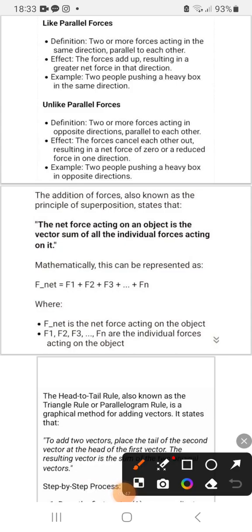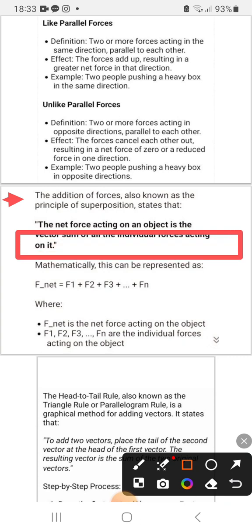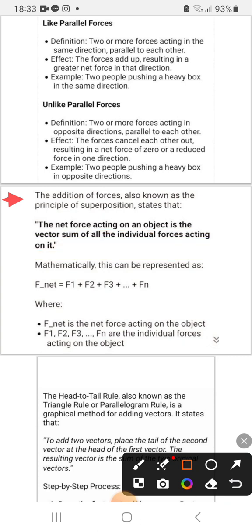Okay, so the next topic is addition of forces. The addition of forces, also known as the principle of superposition, states that the net force acting on an object is the vector sum of all the individual forces acting on it.